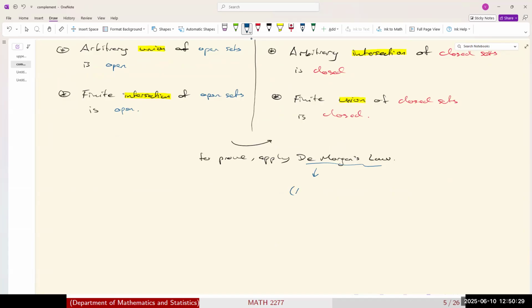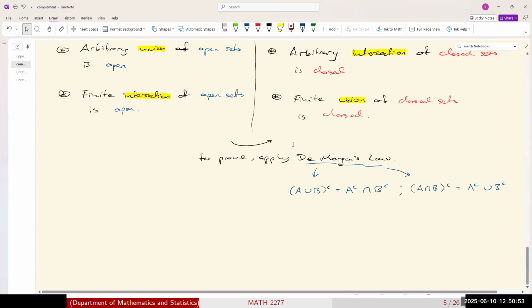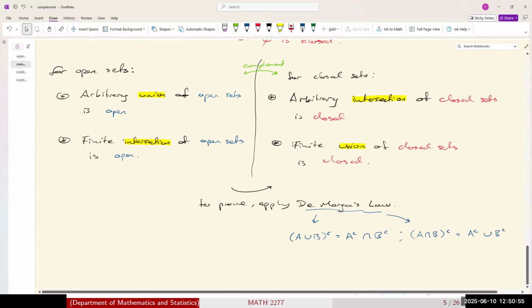Maybe then you'll remember it. A union B complement is the same thing as A complement intersection B complement, right? So hopefully now it's ringing some bells. And A intersection B complement is the same thing as A complement union B complement, right? So these were De Morgan's laws. Okay, so you should sit and try to prove this.